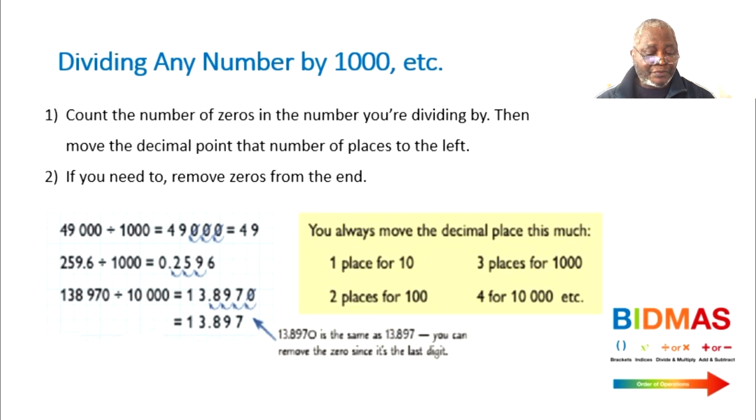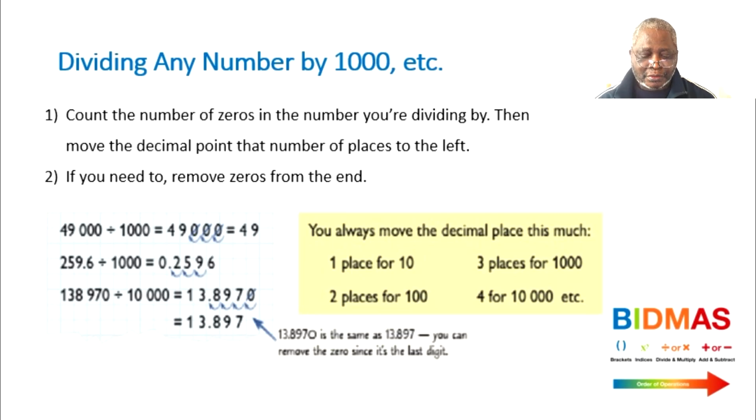Look at the number of zeros to see the number of places you move your decimal point. 138,970 divided by 10,000 becomes 13.8970. But because the number ended in 0, you don't have to add that 0. You just say 13.897.